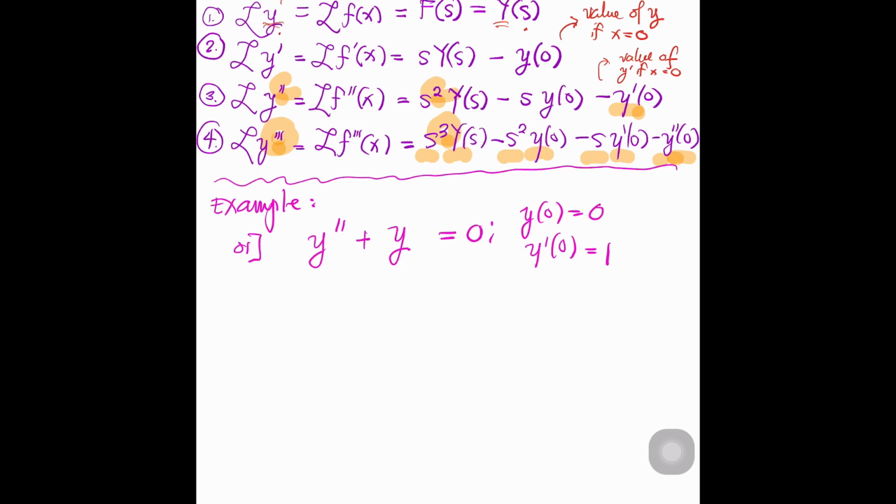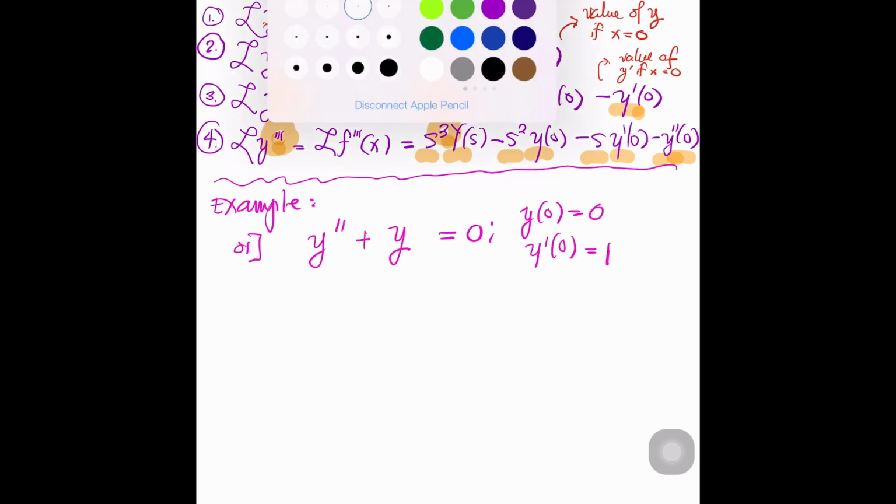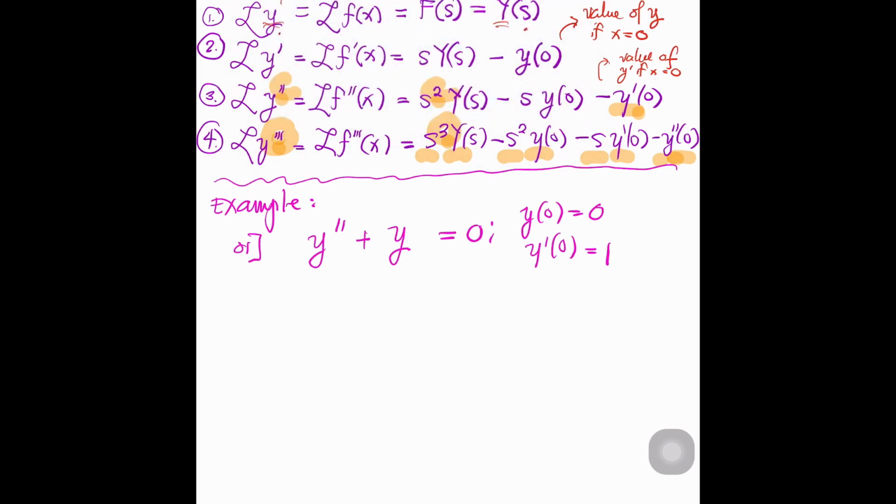So we substitute. Let's use another color, say blue. The value of y double prime can be found in equation number 3. So this becomes s squared y of s minus s y of 0.